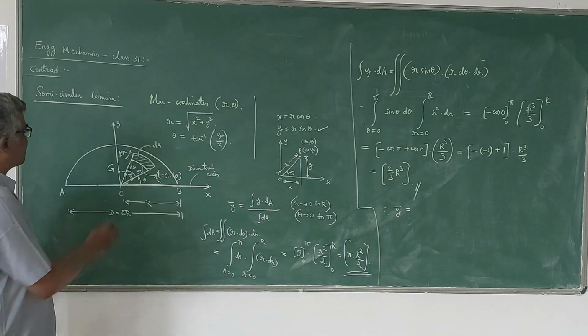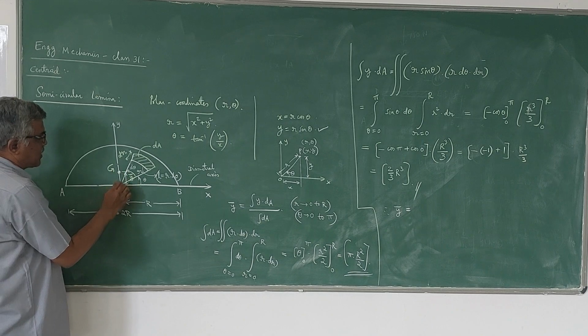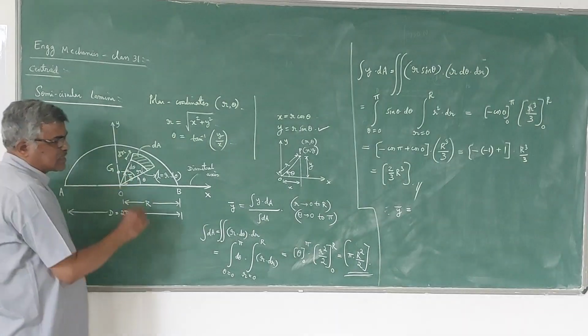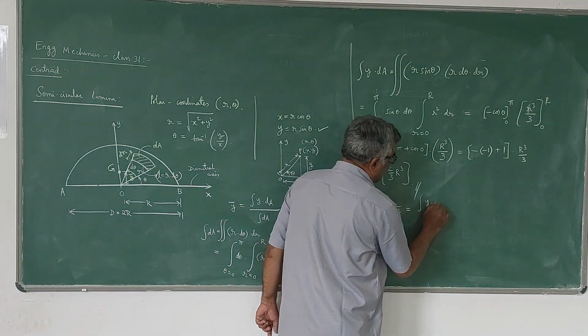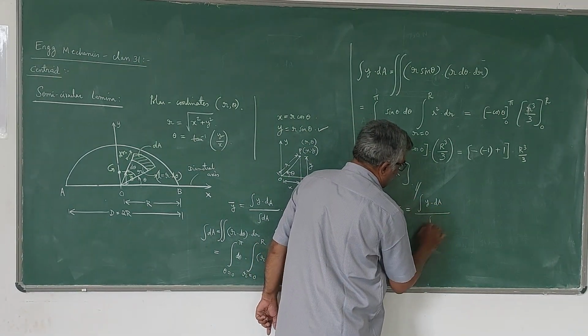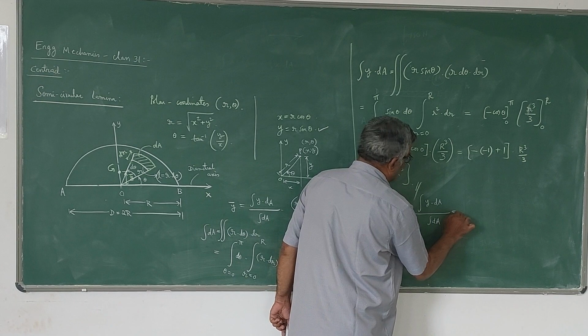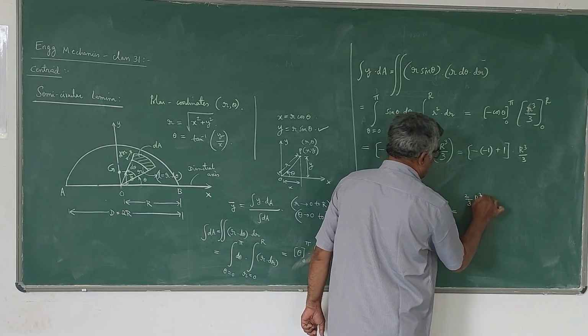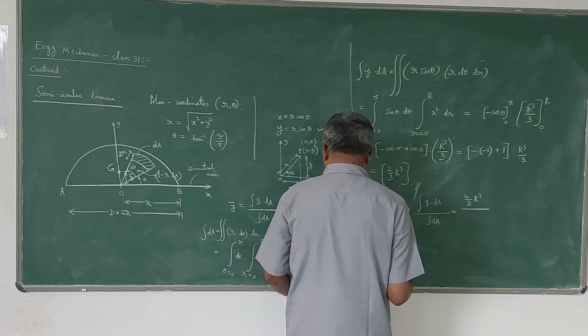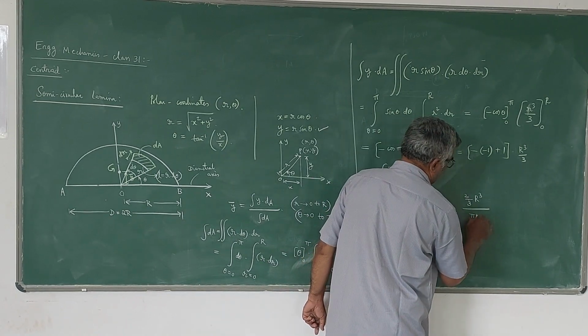What is the distance of the centroid of the semicircle from the diagonal axis? So y bar is equal to integral y dA divided by integral dA. Integral y dA is 2 by 3 r cube, divided by integral dA, pi r square by 2.